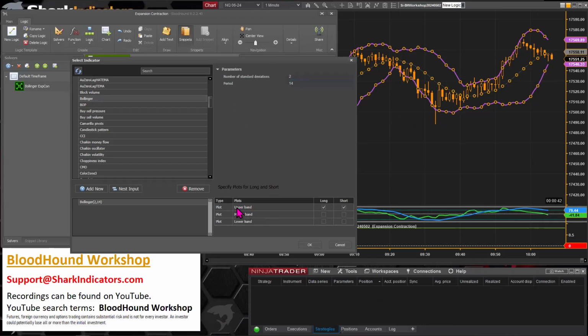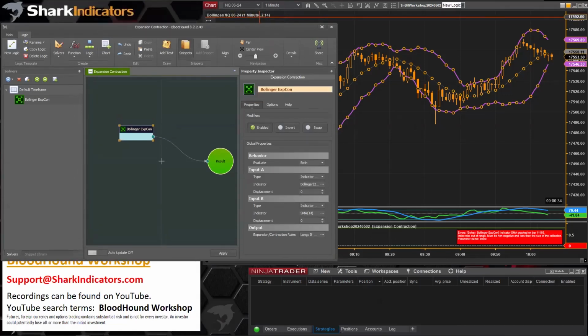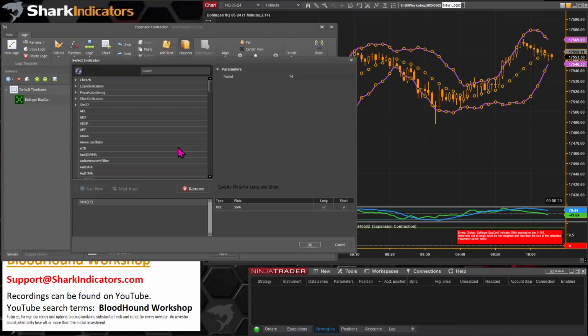Make sure the upper band is selected first, and it is. So we're good to go there. And actually, let me just double check the Bollinger on the chart, yeah, it's 2 and 14. Okay, so standard settings. Now for input B, that will be the lower band. Add the Bollinger down there again, and this time we're going to add the lower band, like so.